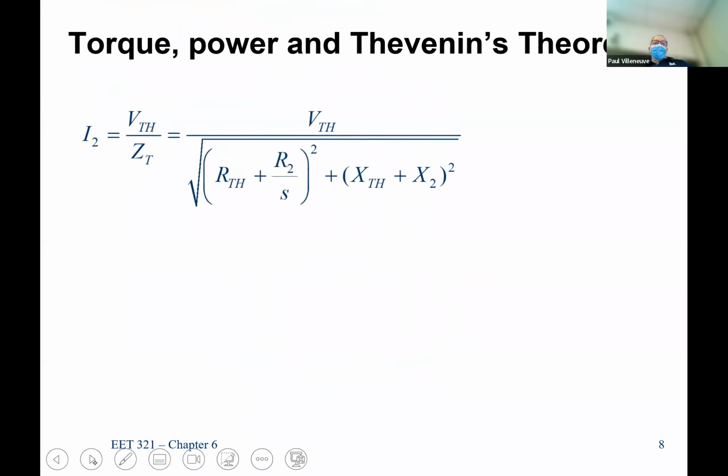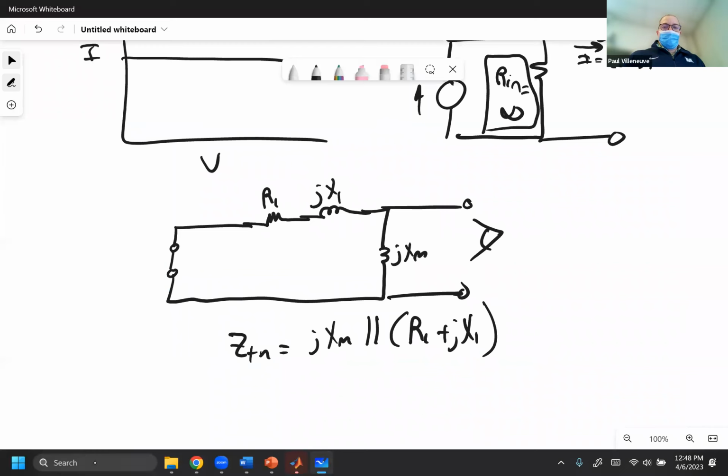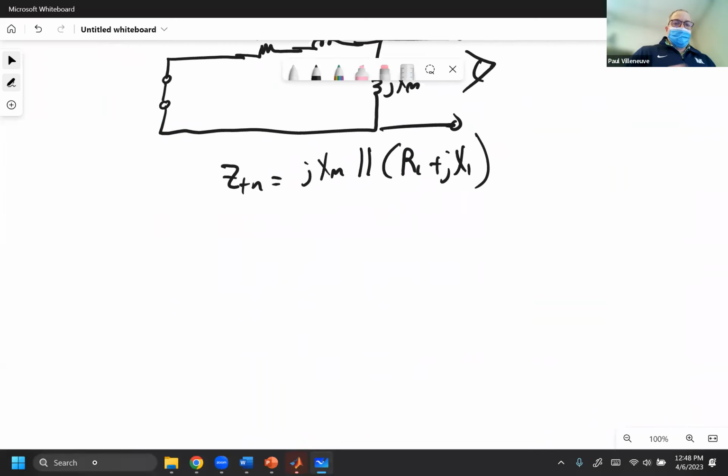All right, so now for my value of I2, I go back to my diagram, and I'll just draw it over here instead of going up and down.